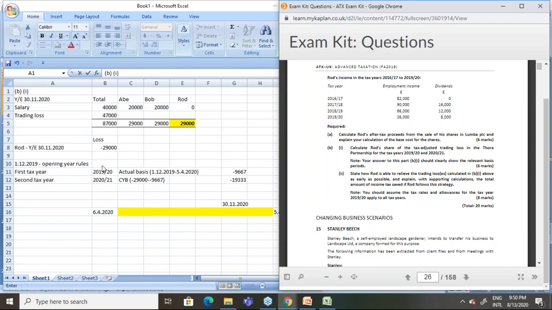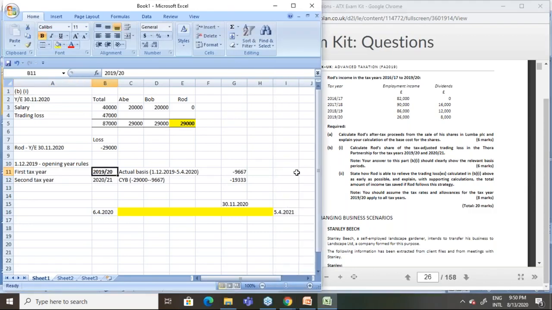But here they want us to find out the tax adjusted trading loss in the Torah partnership for the tax years 2019-20 and 2020-21. So they want us to calculate it separately for each tax year.